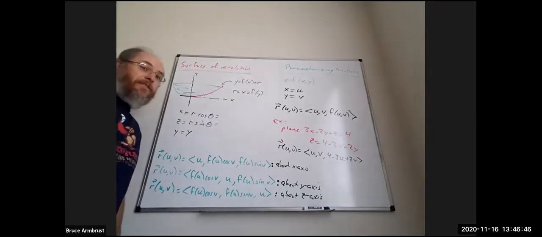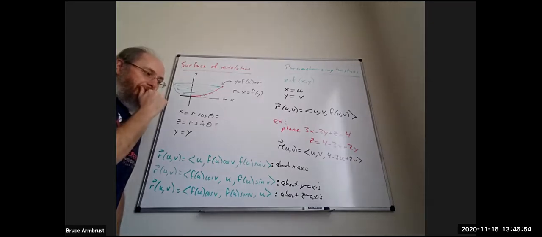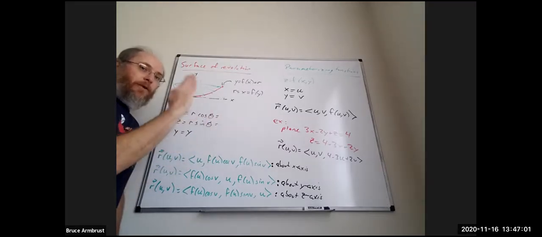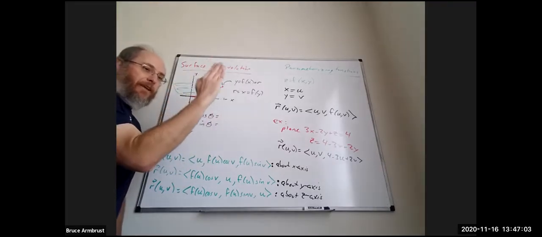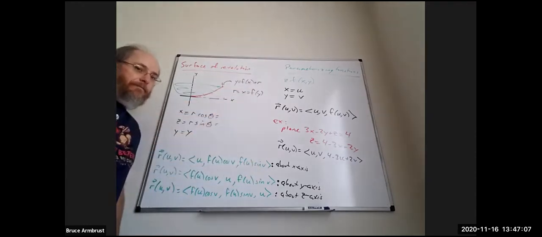We took the function, not z equals 4, sorry, the function 4, and we rotated it because 4 was just that line. You take that line and you rotate it about an axis and you get a cylinder.